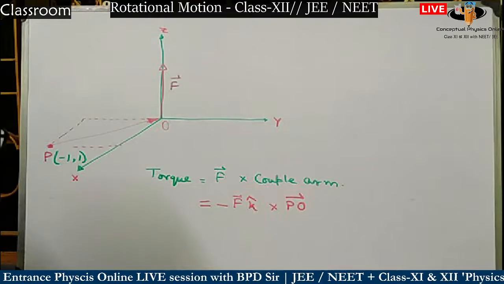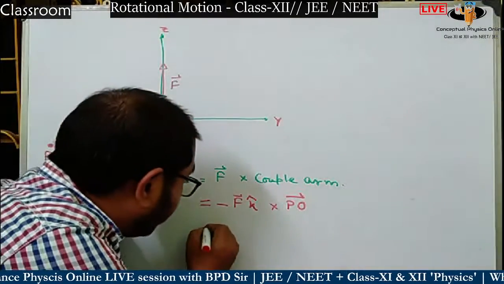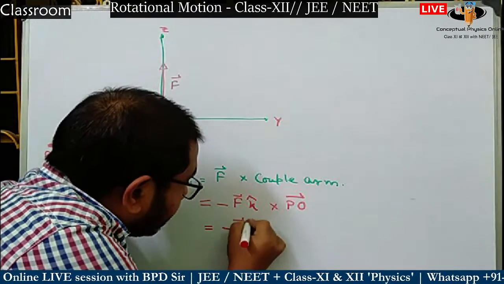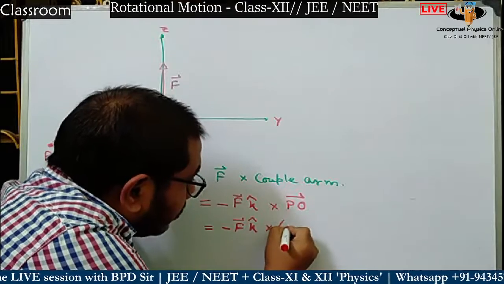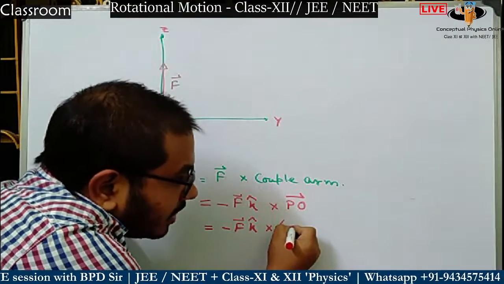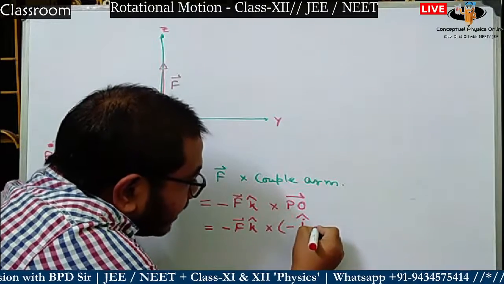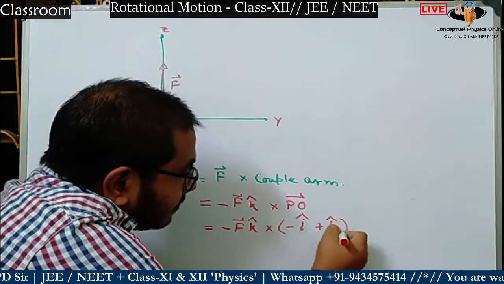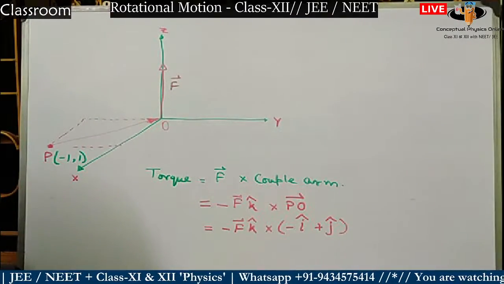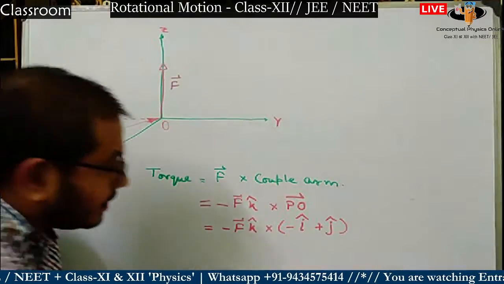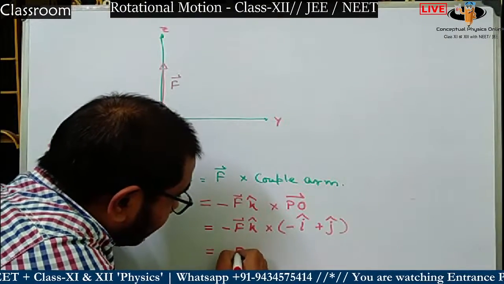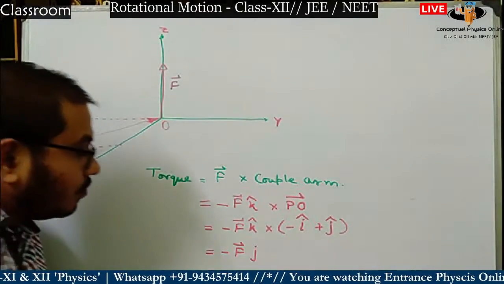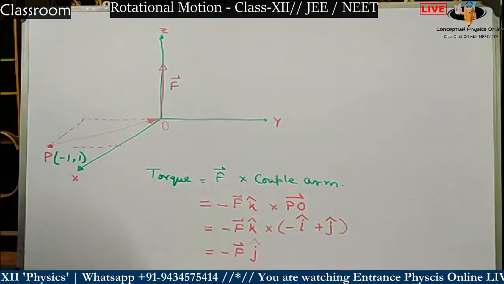So PO, from the coordinate of P, we can write minus Fk cap cross (minus 1, comma minus 1). So for that we can write minus i cap plus j cap, right? So it is going to be minus Fj cap, because i cap cross k cap will be minus j cap, right?